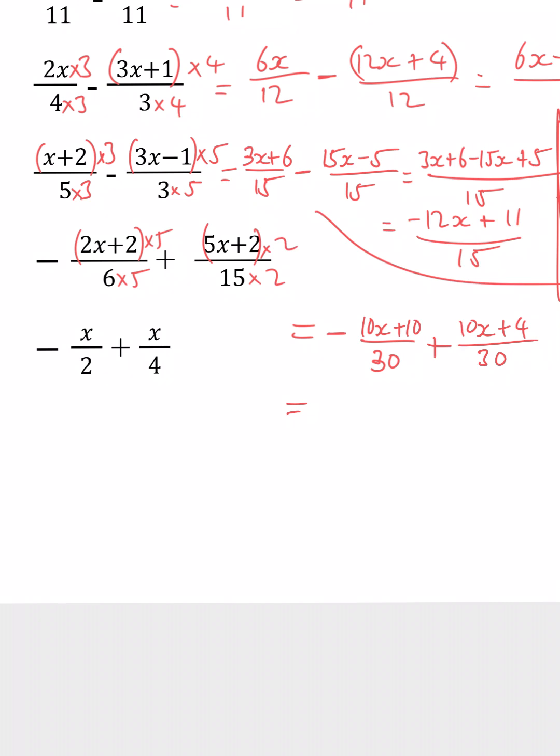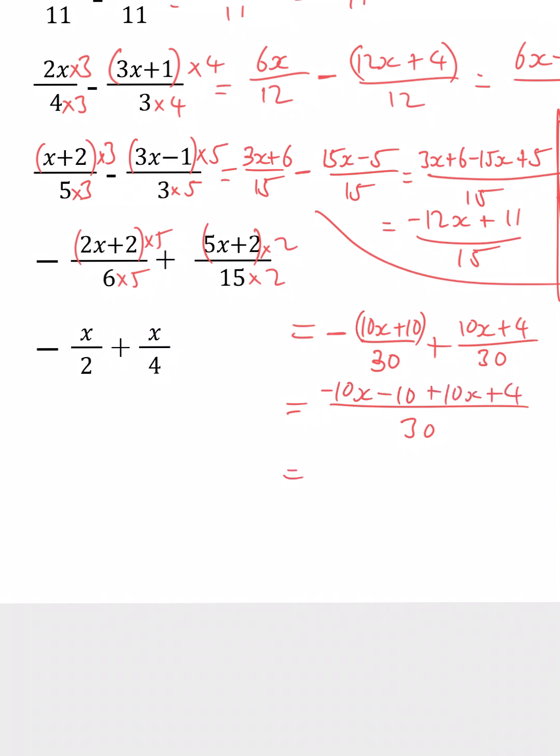Now I'm going to bring that minus in. Everything is going to be over 30. And it's going to be minus 10x minus 10. Because this minus here, you see it's out in front, that's over the entire thing. So it's basically like if we had brackets there. Minus 10 times x minus 10 plus 10 times x plus 4.